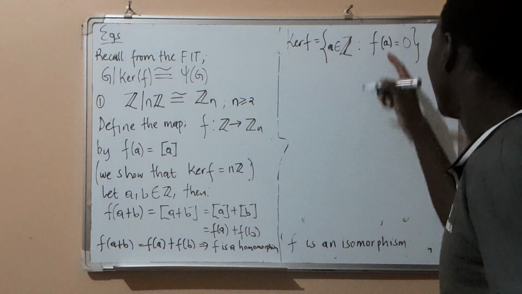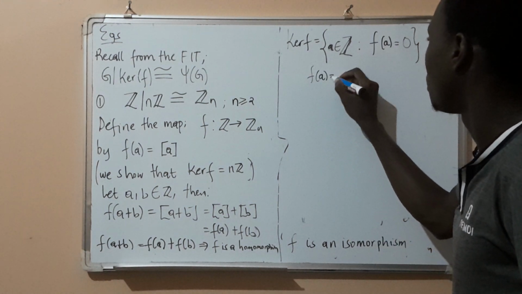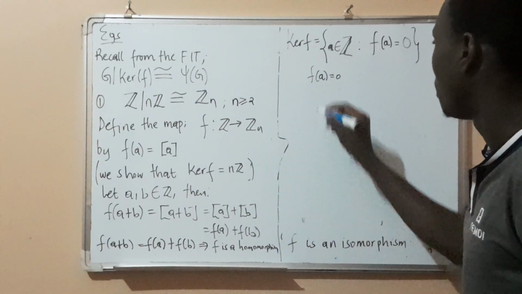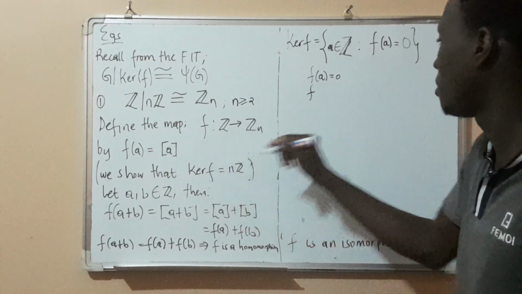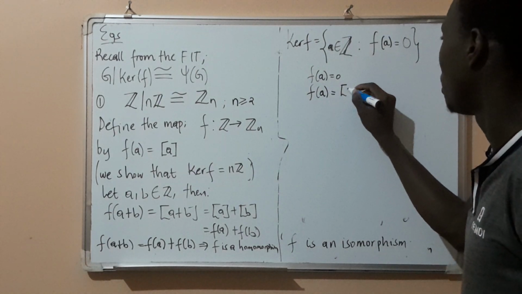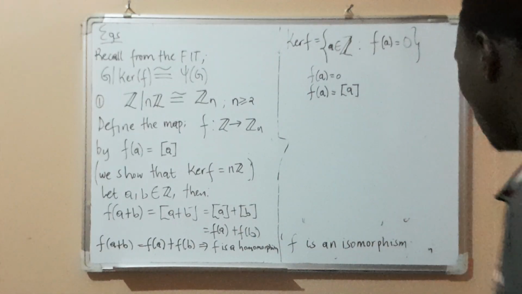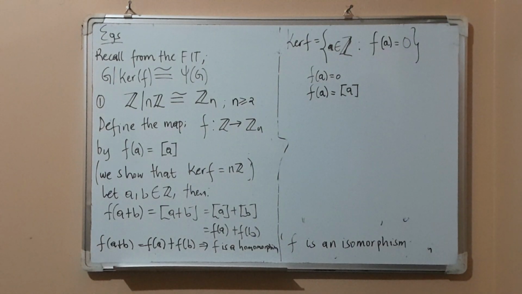So we are going to work out the kernel. We have f of a being equal to 0. And this f of a, by definition, is equal to the equivalence class of element a.